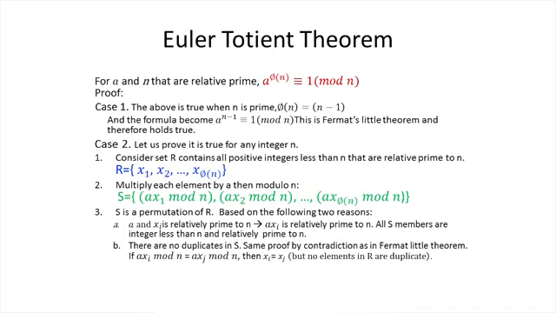reasons. The first one, a and x are relatively prime to n, and therefore we can derive that a times x sub i is relatively prime to n.